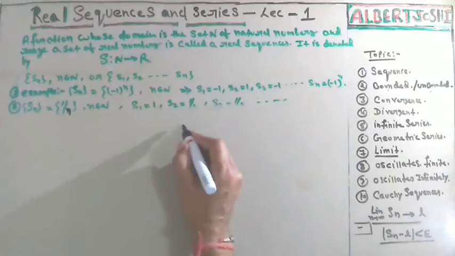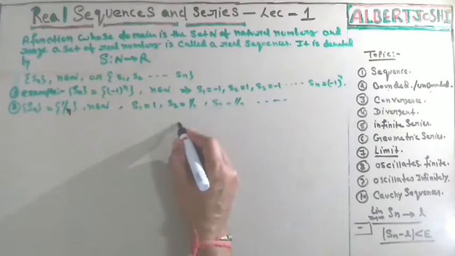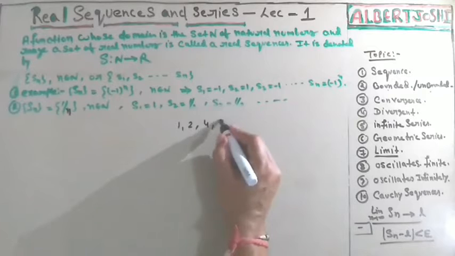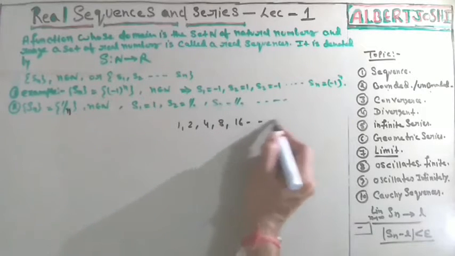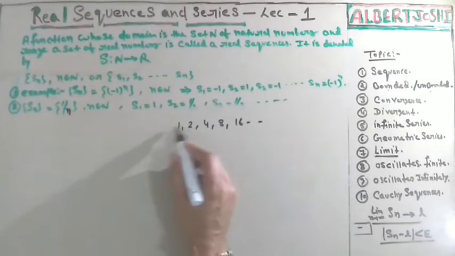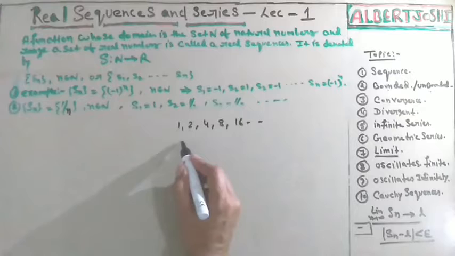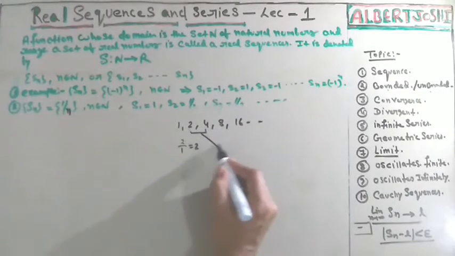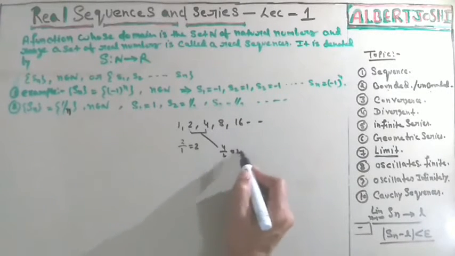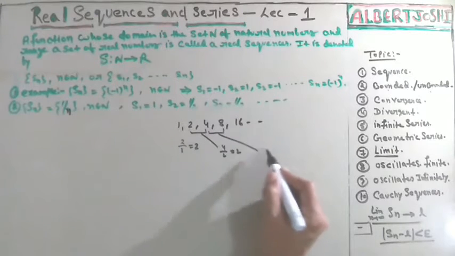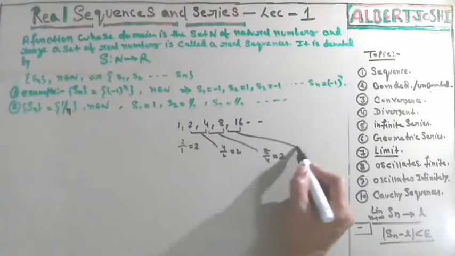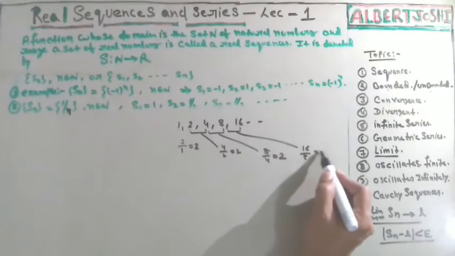Geometric means suppose you have such a sequence: 1, 2, 4, 8, 16 up to so on. Now divide this one, 2 upon 1, then you are getting 2. Now divide 4 upon 2, is equal to 2. Now 8 upon 4 is equal to 2, then 16 upon 8 is equal to 2.